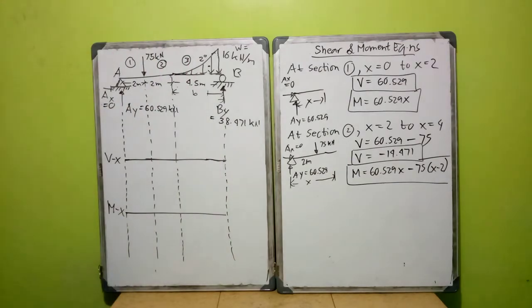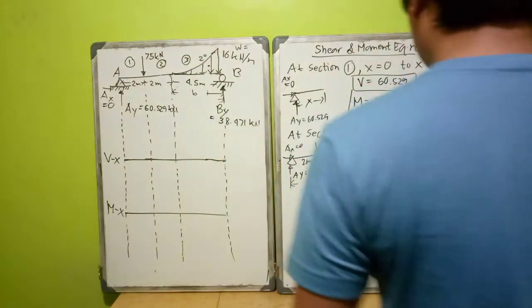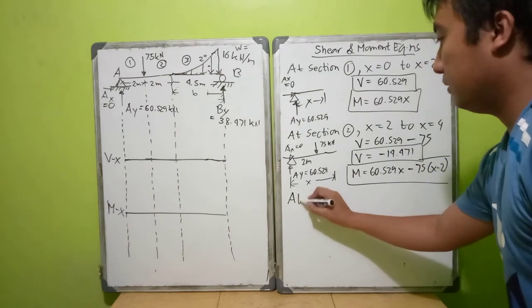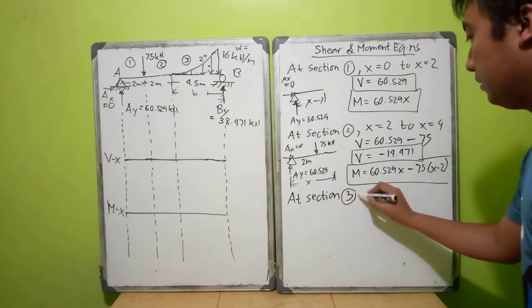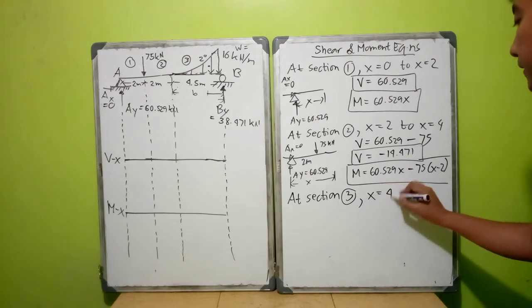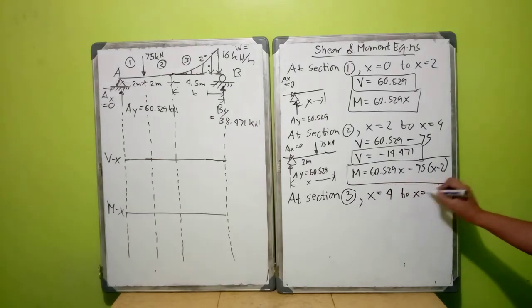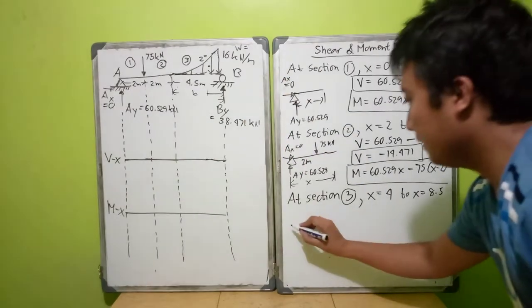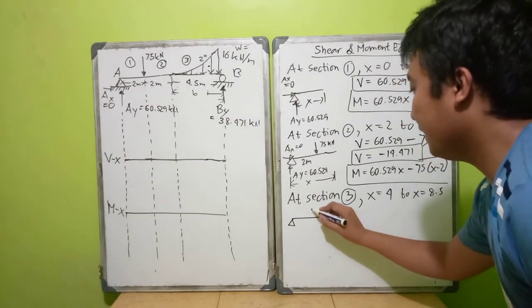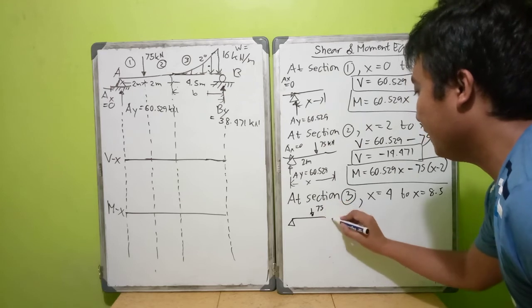Okay? So we go to section 3, where X is equal to 4 to X is equal to 8.5. Okay. So this is not that easy anymore, okay?